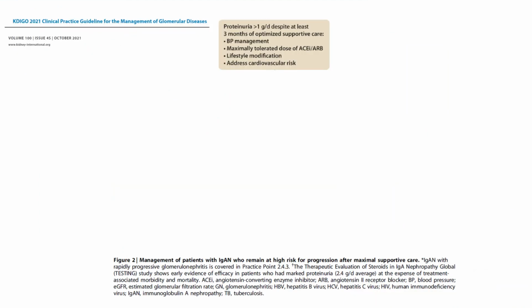If you still have proteinuria of more than 1 gram per day despite at least 3 months of optimized supportive care, then you have to think about the second step. But if proteinuria falls to less than 500 milligrams to 1 gram per day, you may consider this a partial remission or a remission.